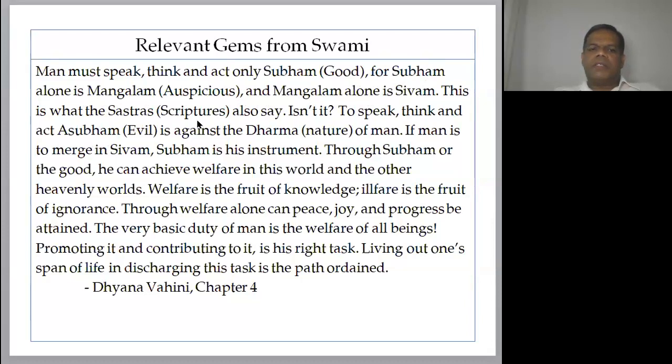This is what the Shastras, the scriptures also say, isn't it? To speak, think, and act Ashubham, evil, is against the dharma nature of man. If man is to merge in Shivam, Shubham is his instrument. Through Shubham or good, he can achieve welfare in this world and the other heavenly worlds. Welfare is the fruit of knowledge.